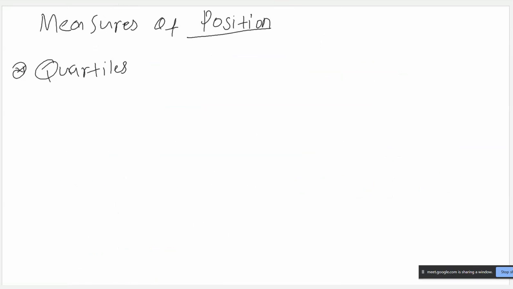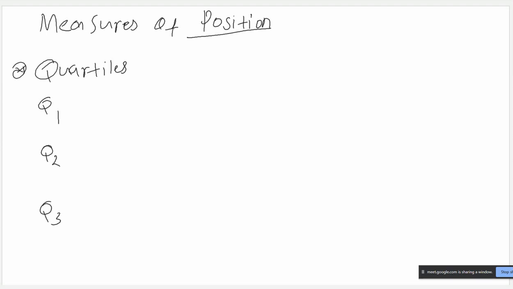So we are moving to measures of position. So you know things like quartiles. With quartiles, how many quartiles do we have? We have 3, which is quartile 1, quartile 2, and quartile 3.